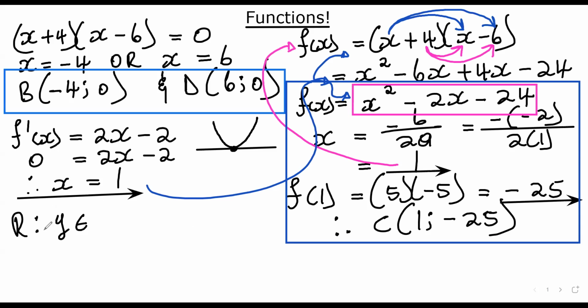So you can say y is an element of values from negative 25 all the way to positive infinity. So we don't include infinity because infinity is not a specific number. But here we include negative 25 because the function starts at exactly negative 25.